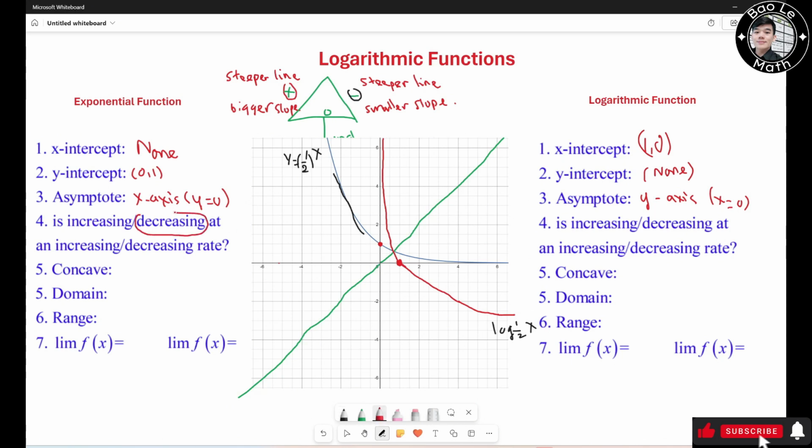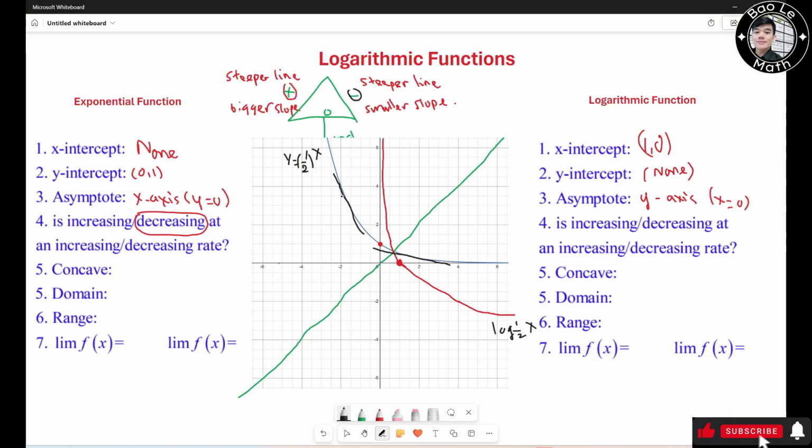Now I draw another tangent line to see if the function is decreasing at an increasing rate or a decreasing rate. So I draw the next tangent line right here. Now I compare the slope of this one and this one. I see that the line is less steep, so the slope is bigger.